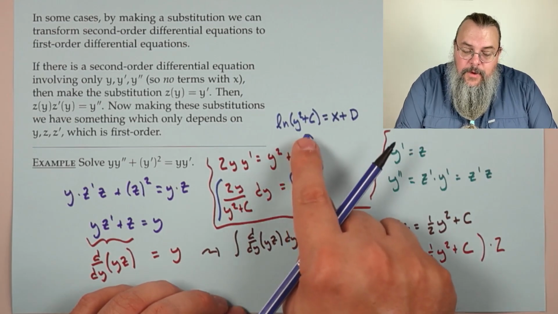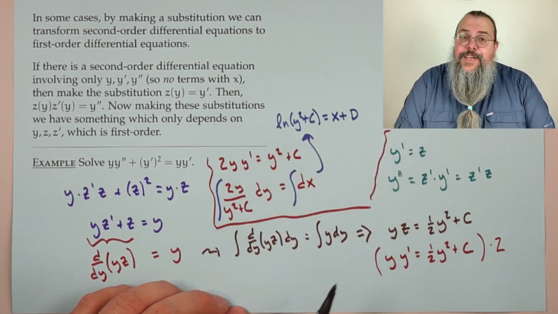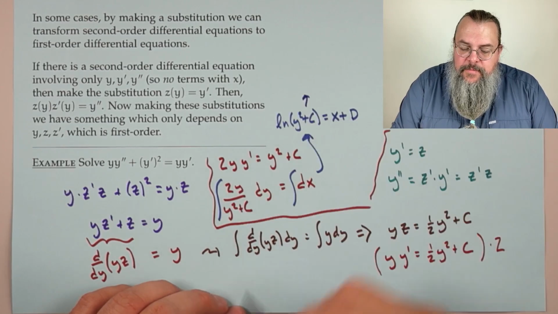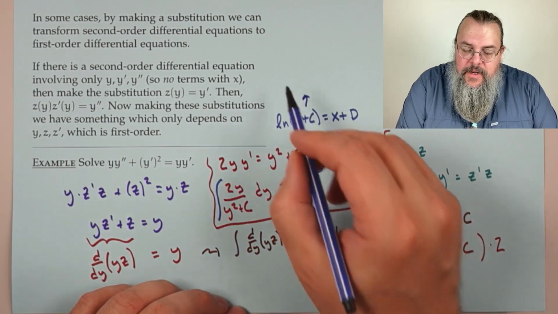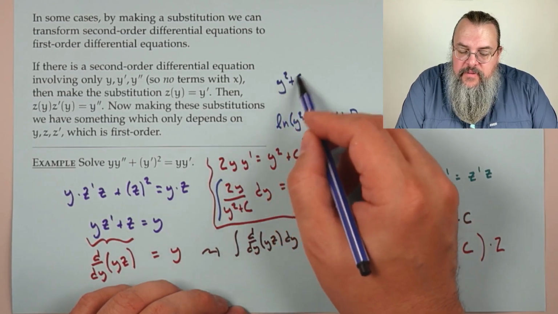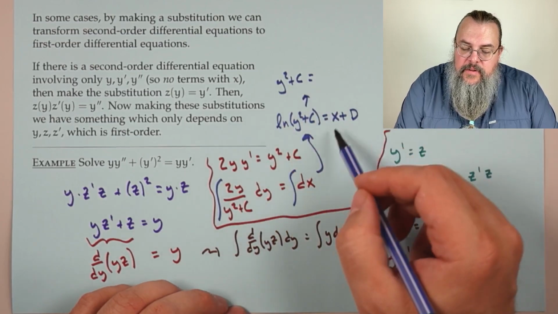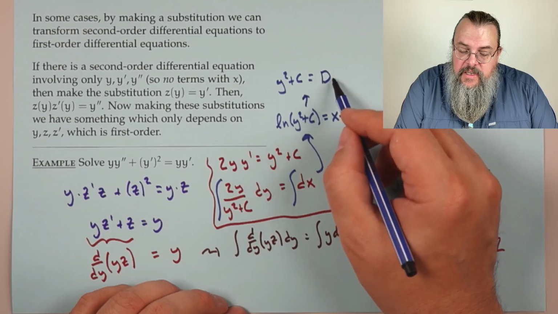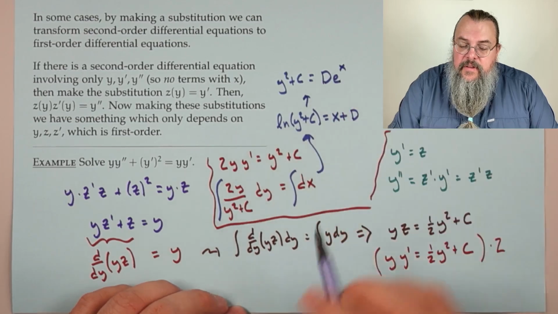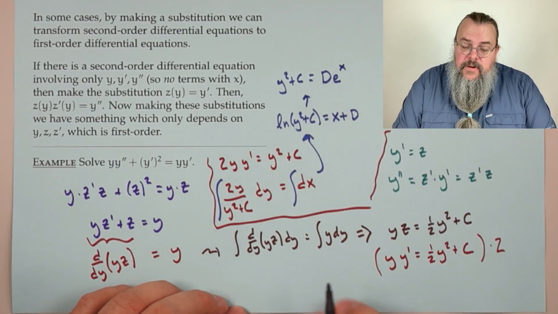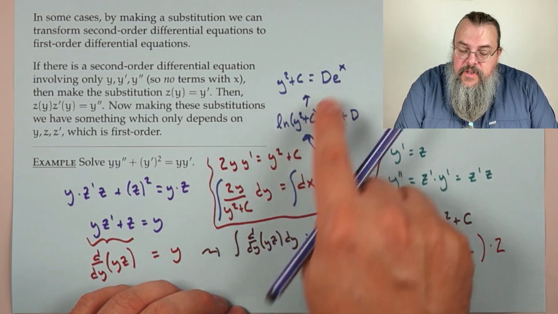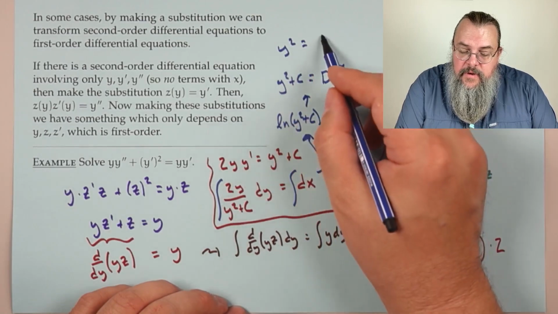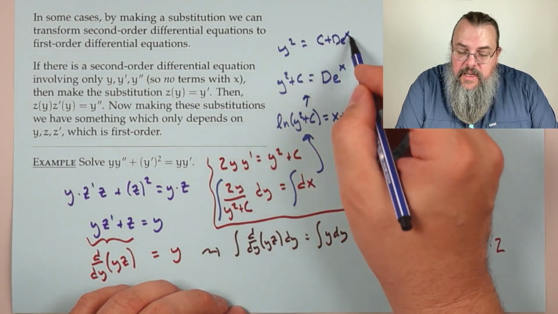Okay, and we want to solve. I'm going to go ahead and actually get y by itself, because there's just one y. So we use the exponential function to get rid of the log. y squared plus c, well, that's e to the x plus d, which we can rewrite as d e to the x. And now we say, well, move the c across. All right, so y squared is some constant c plus some constant d e to the x.